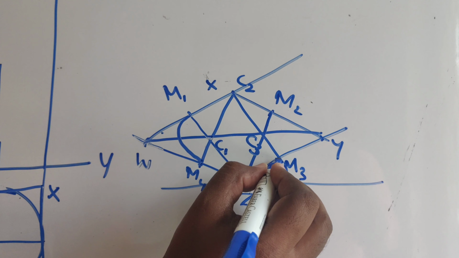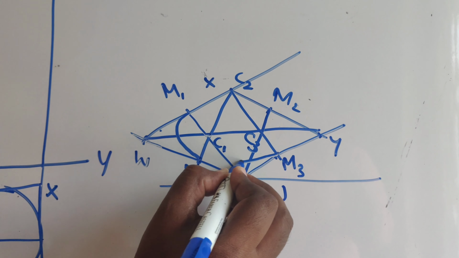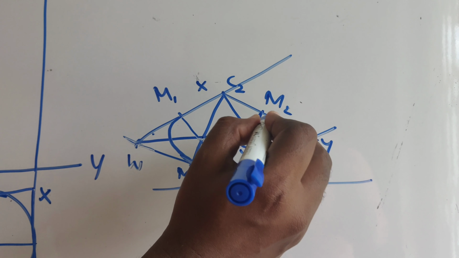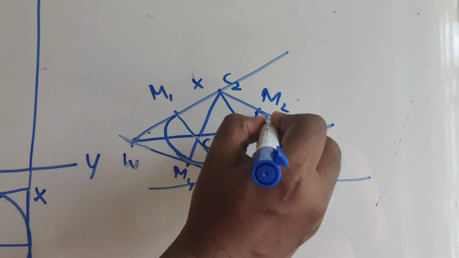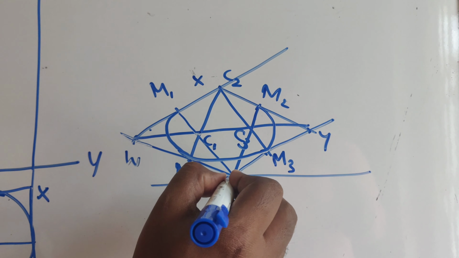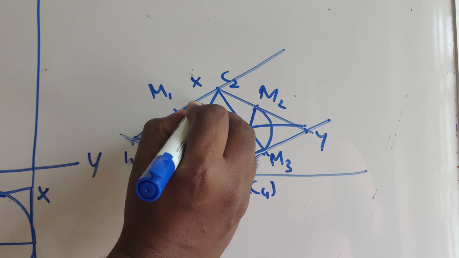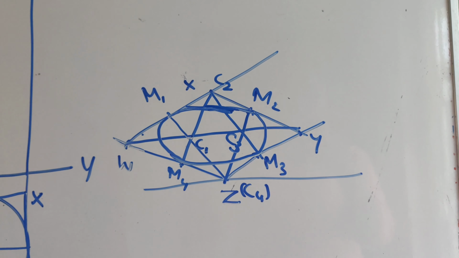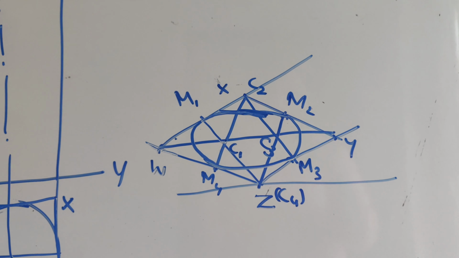C2 as center, C2 M3 as radius, you are drawing the next arc. C3 as center, C3 M3 as radius, you are drawing the next arc. Then taking C4 as center, you are drawing the last arc. So you got the bottom base.